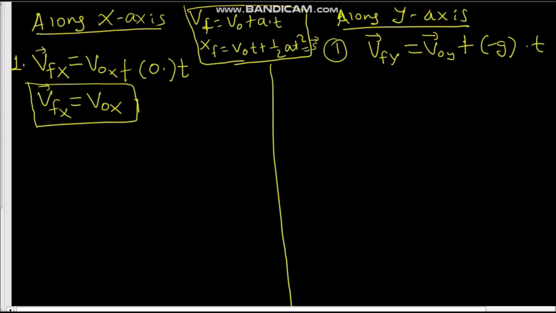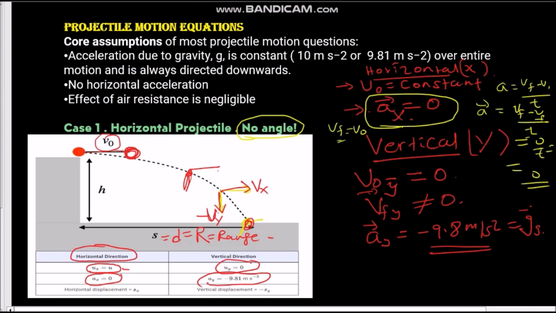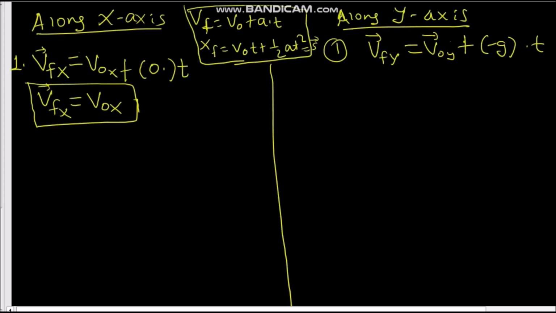At the beginning we already said that the initial velocity across the y is 0, because when the object is projected horizontally, the initial velocity across the y is 0. Now the final velocity across the y is equal to v naught y, which is 0, plus minus g times t.